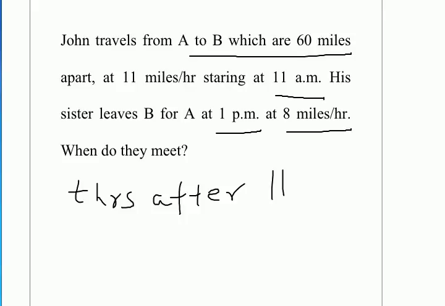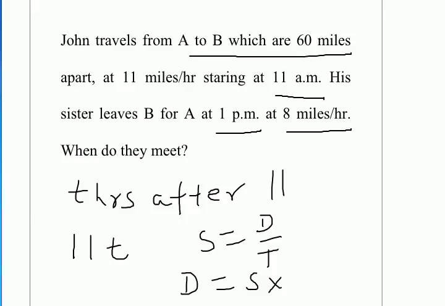So in T hours, John would have traveled 11 T miles, because speed equals distance by time. So distance equals speed into time. So speed is 11, elapsed time is T. So John would have covered 11 T miles.